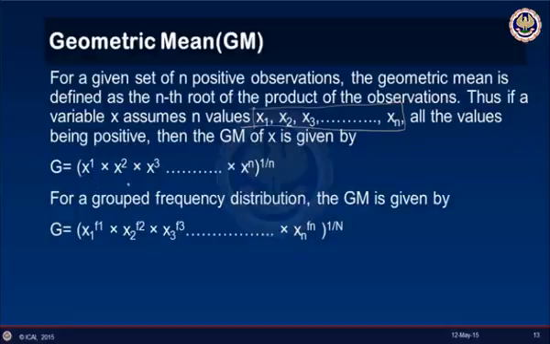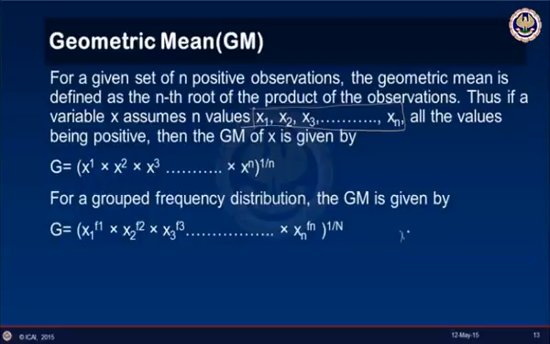Then the geometric mean is (x1 into x2 into x3 up to xn) whole to the power of 1 by n. For a grouped frequency distribution, the geometric mean is defined as (x1 to the power of f1, x2 to the power of f2, x3 to the power of f3, up to xn to the power of fn) whole to the power of 1 by n, where n is the sum of the frequencies.